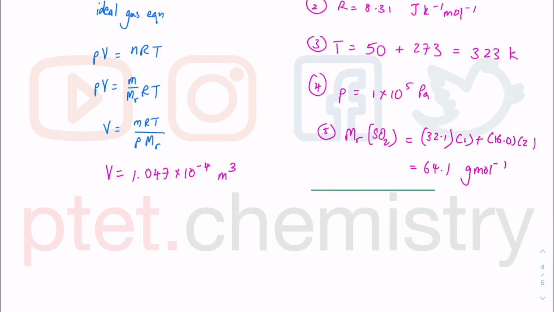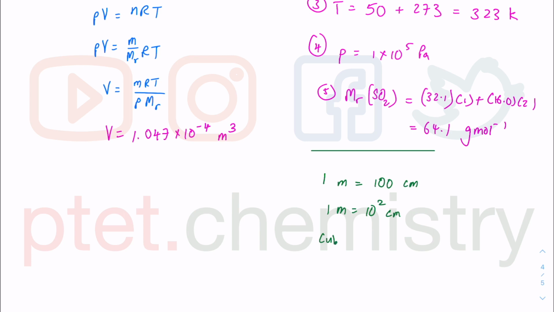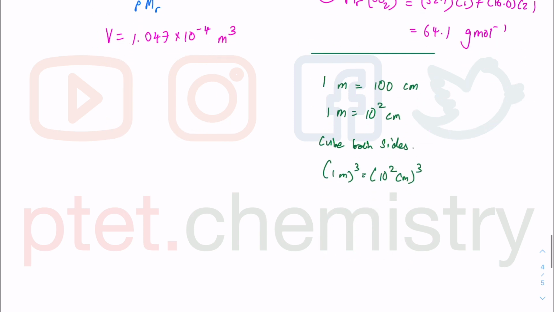Converting meter cube to cm cube, I would start by 1 meter is 100 cm, so 1 meter is equal to 10 square cm. If I cube both sides, okay, I never remember these kinds of things. I rather work it out from scratch because my brain is quite valuable. Whatever you do on the left, you do on the right. So 1 cube is 1, meter cube is meter cube, and 10 square cubed is 10 to the 6 cm cube.